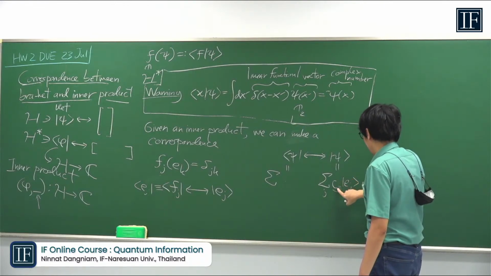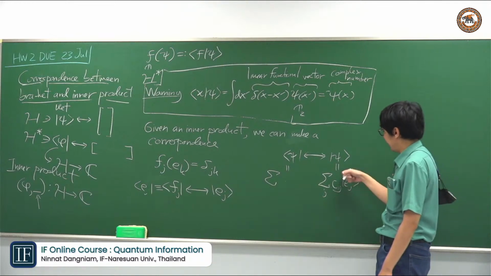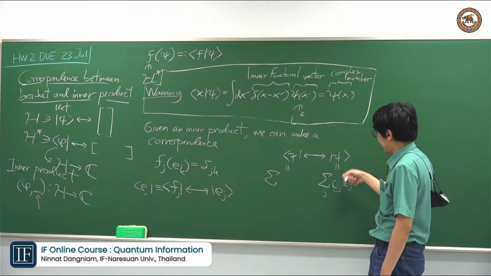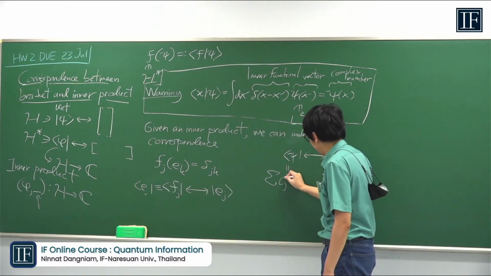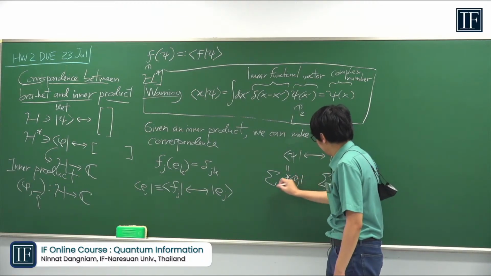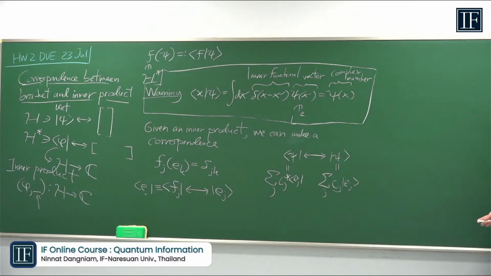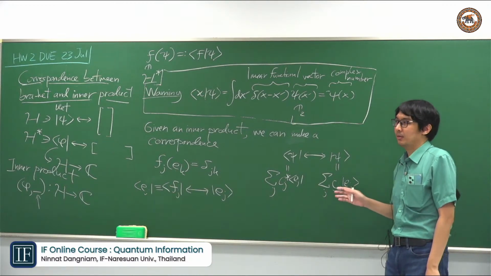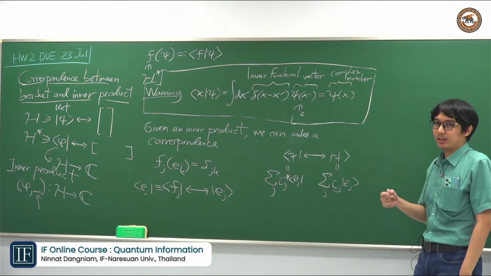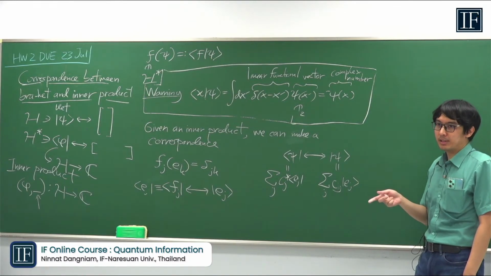So given a fixed basis, if I write a ket like this, then we say that it's corresponding to this. Again, it's important to emphasize that the action of taking a complex conjugation of a vector is basis dependent.